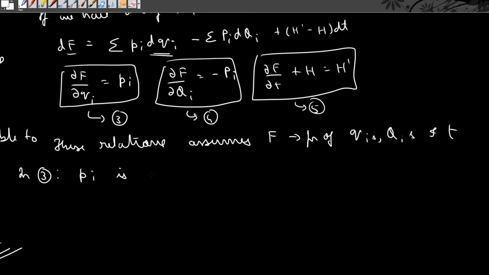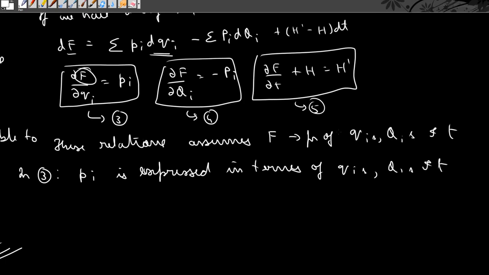Now in relation 3, p i is expressed in terms of q i's, Q i's and t, because here f is a function of q i's, Q i's and t, and when we are just partially differentiating with respect to q i, the left hand side of this relation is still going to be a function of these three quantities.